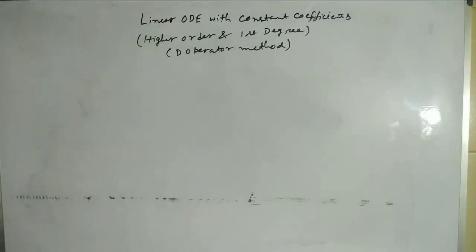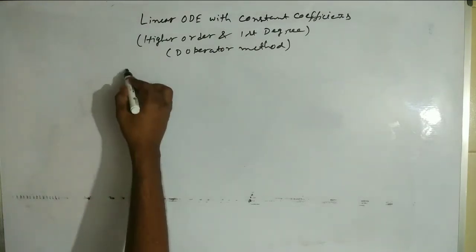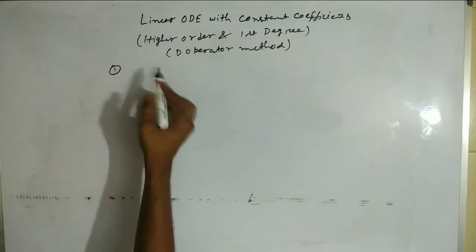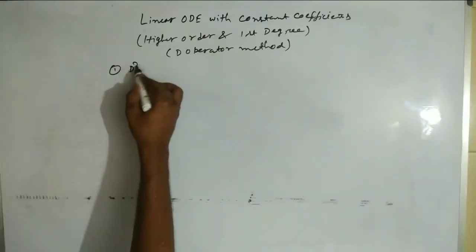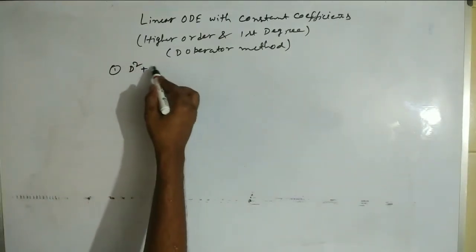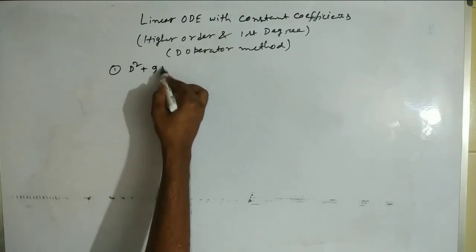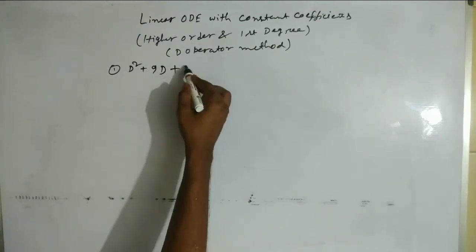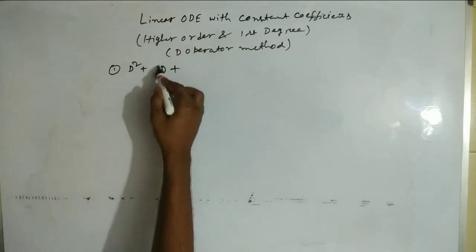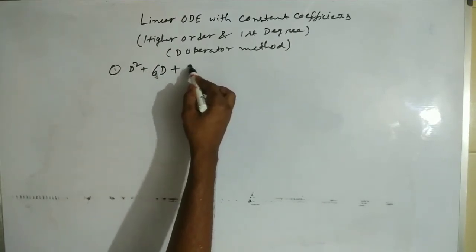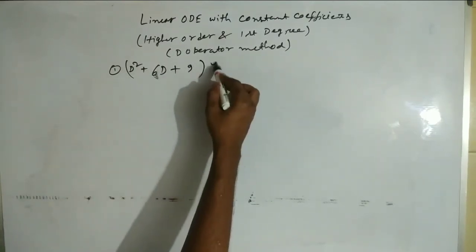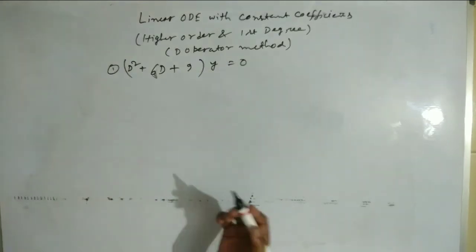Now I will show you some more examples of how to find the complementary function. Number 1, D square plus 6D plus 9, y equal to 0.